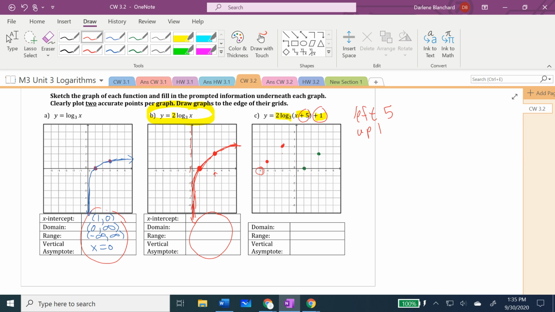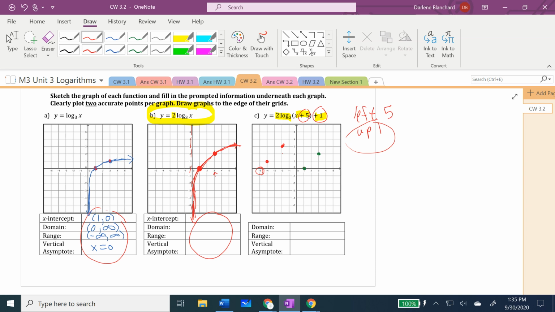Will moving the graph up 1 make any changes to the vertical asymptote? And hopefully you realize the answer is no, it won't make any changes. Good, thank you.